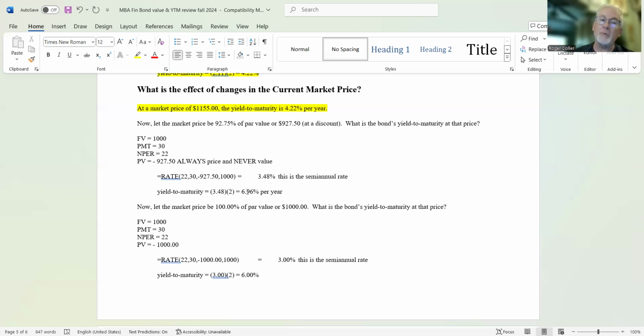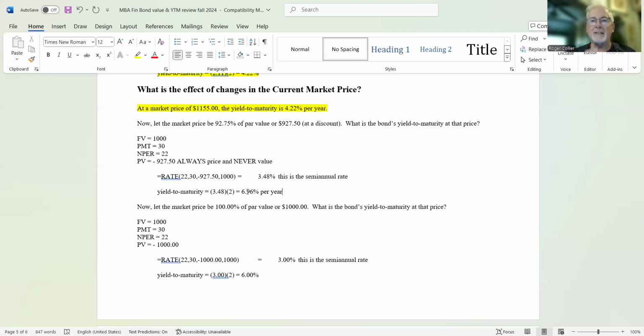Now at 92.75%, a discount, our yield to maturity is 6.96%. Price and yield to maturity have an inverse relationship. As the price goes up, the yield goes down. As the price goes down, the yield goes up.